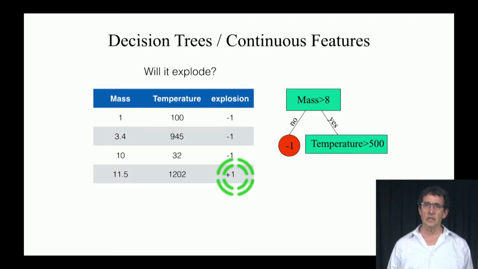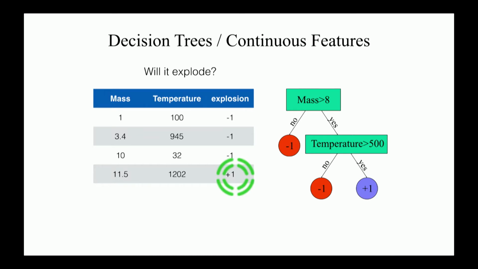If the mass is larger than 8, then we want to check the temperature. If the temperature is larger than 500, then it might explode. So yes leads us to explosion, and no leads us to no explosion. These are two examples of a simple decision tree.